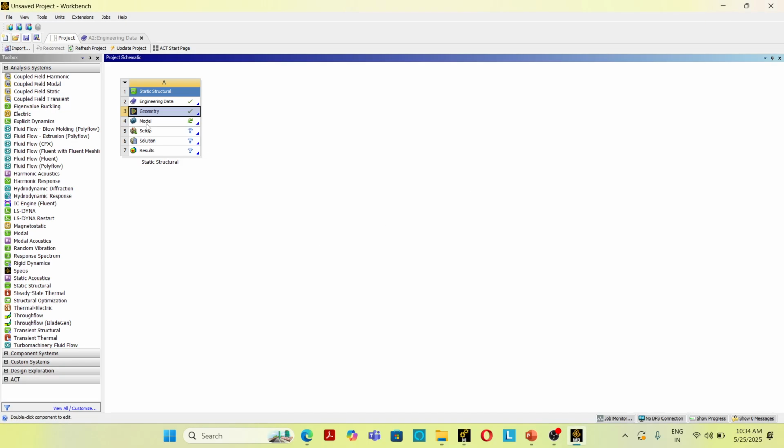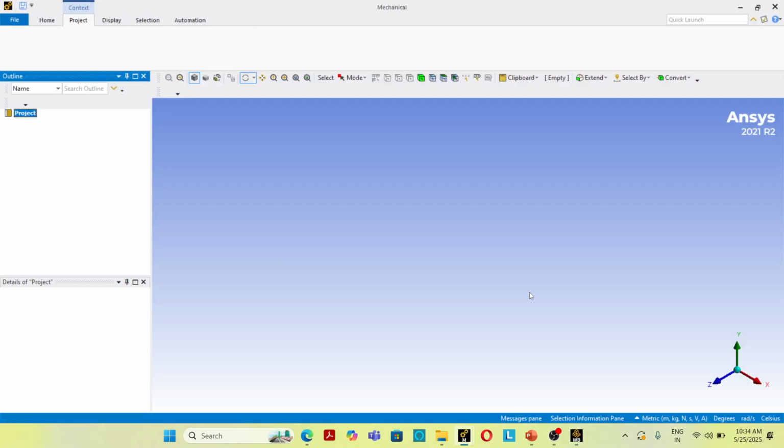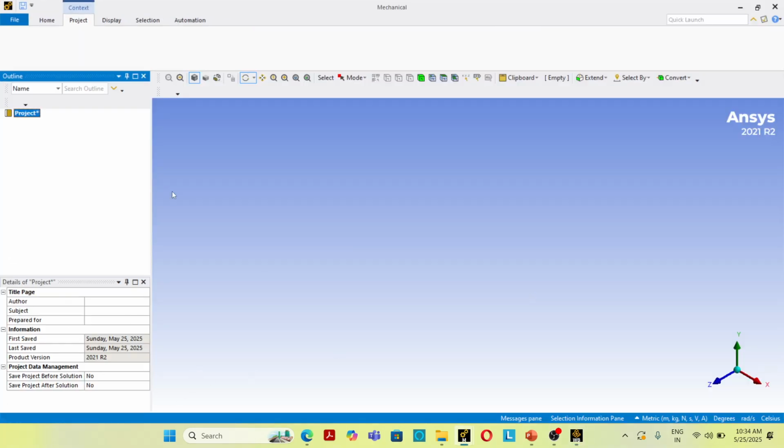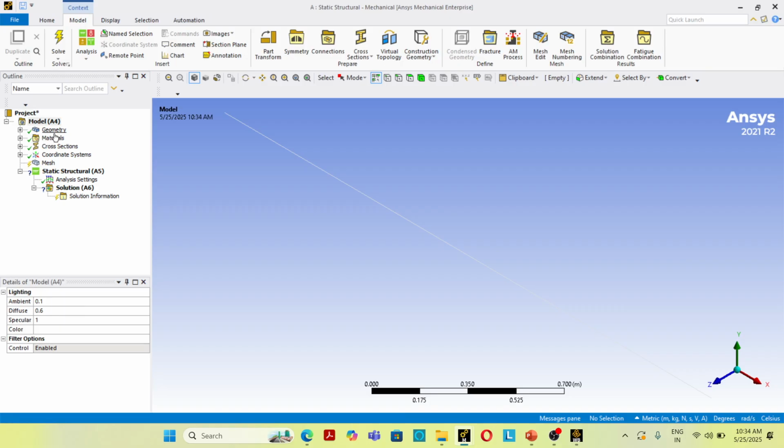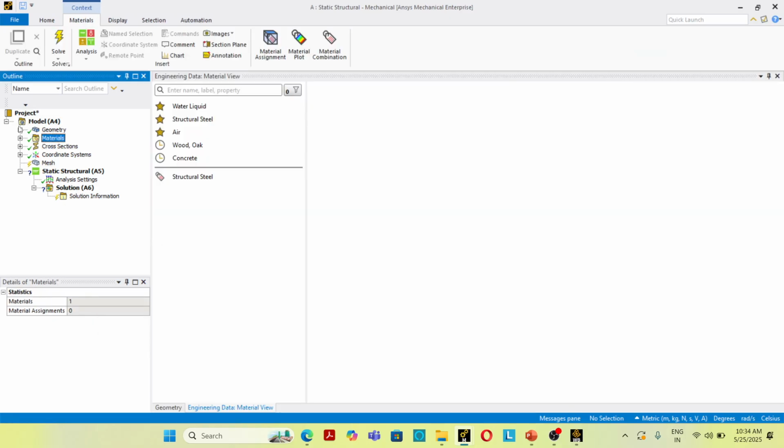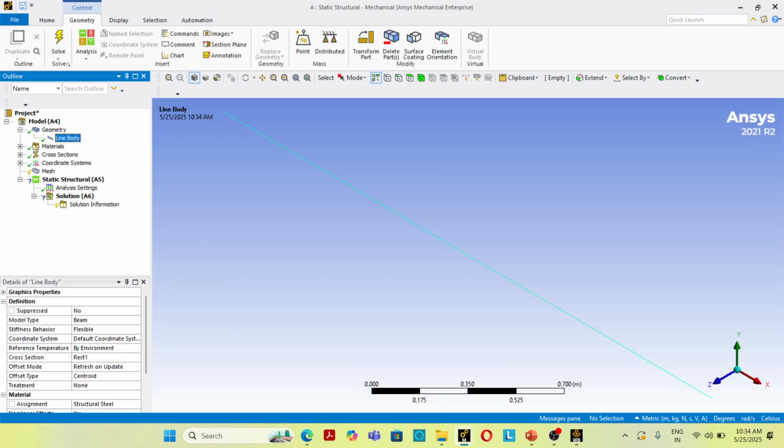So minimize it. Click on model. Line body material structural steel.